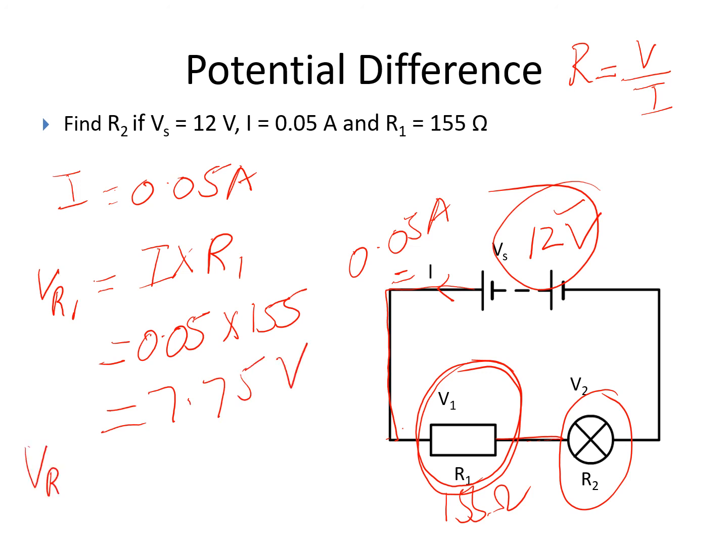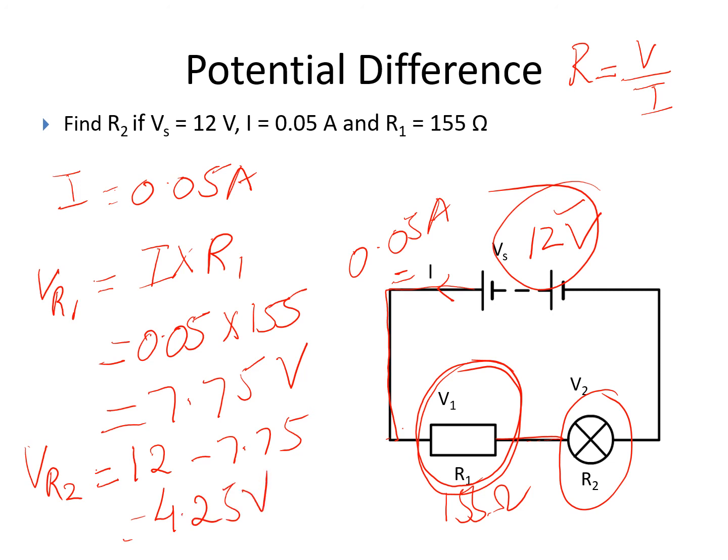So what will be the voltage across R2? Total is 12. 12 minus 7.75. How much is 12 minus 7.75? 4.25. Yeah. Sorry. Now, what is the last thing we have to do?